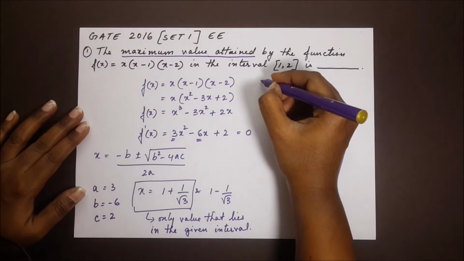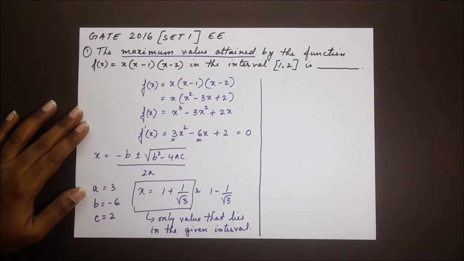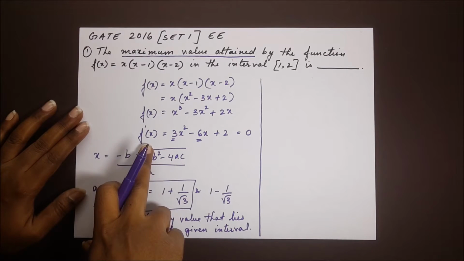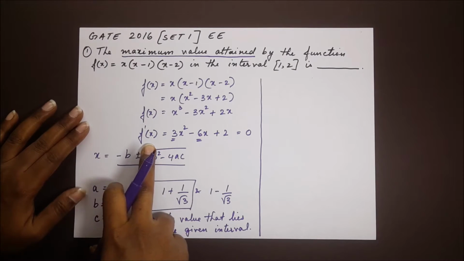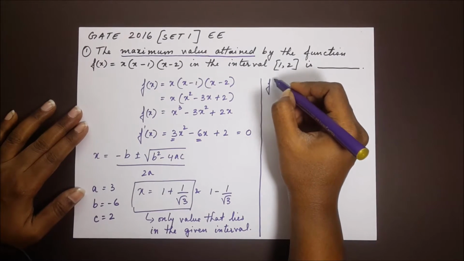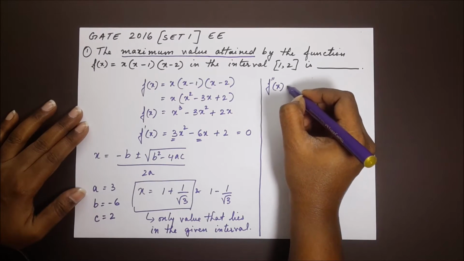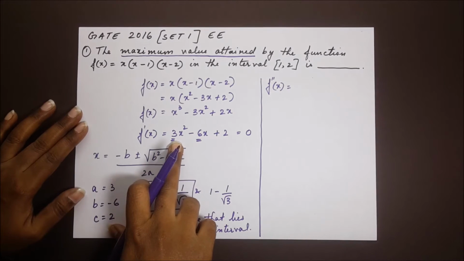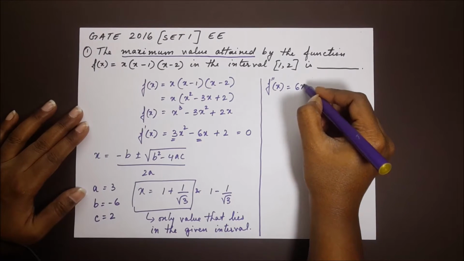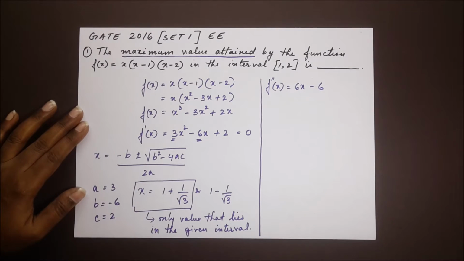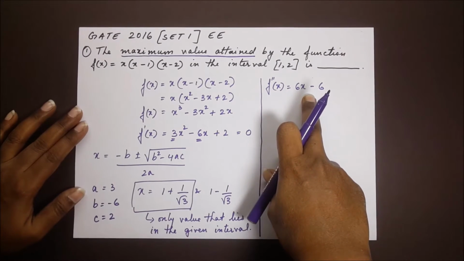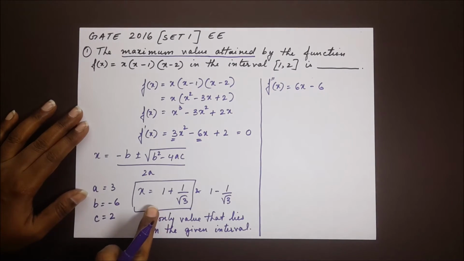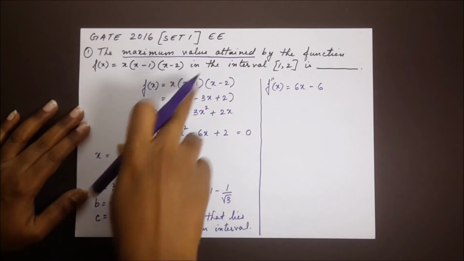Now I'll solve the rest of it on this side here. So we found the first derivative. The next step is to find the second derivative, f double dash x. So f double dash x would be 6x minus 6. Now in this expression, we are going to substitute the value of x that lies in this interval.